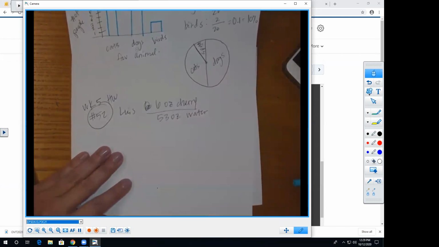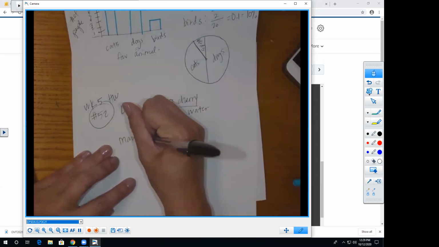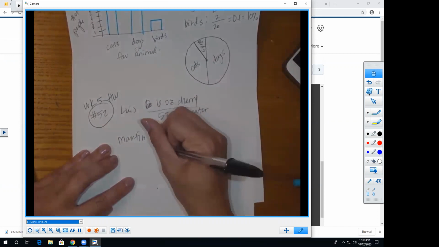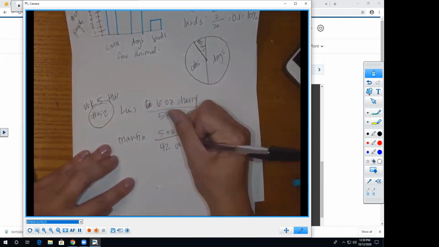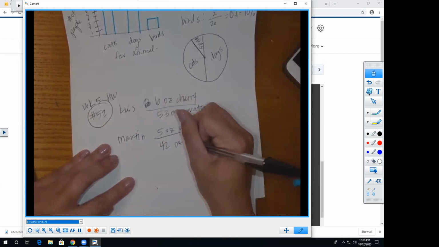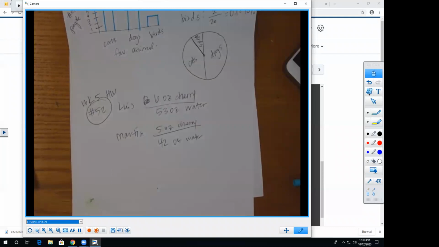And Martin mixed 5 ounces with 42 ounces of water. So 5 ounces of cherry with 42 ounces of water. And we are trying to figure out who has the stronger cherry flavor. So stronger cherry flavor would be more cherry per water, right?